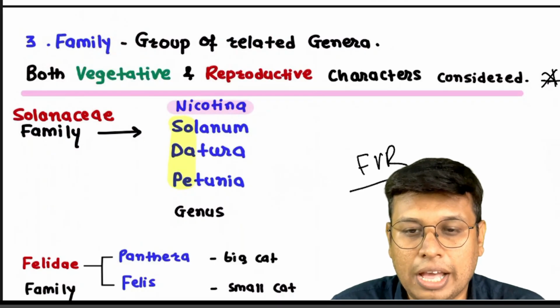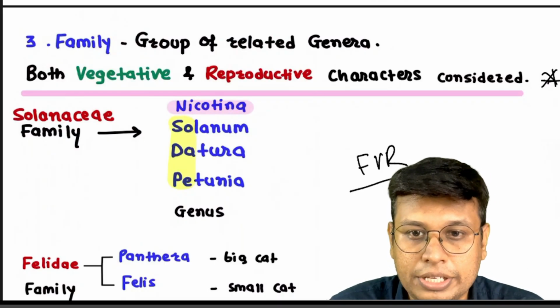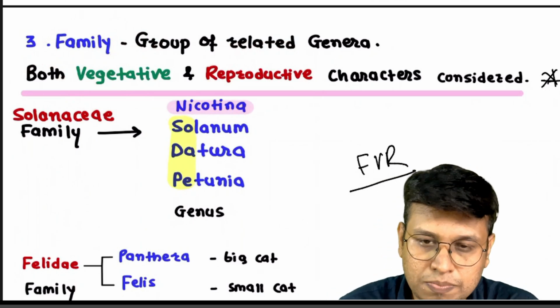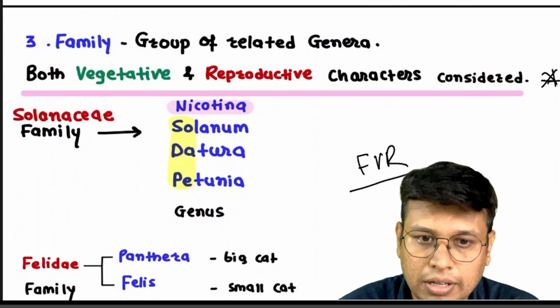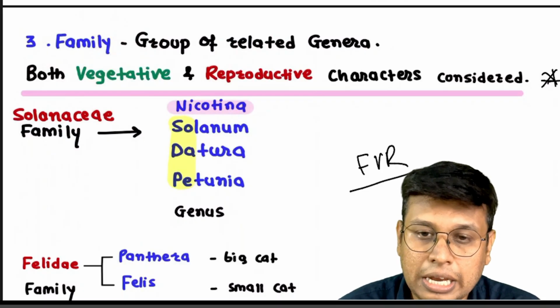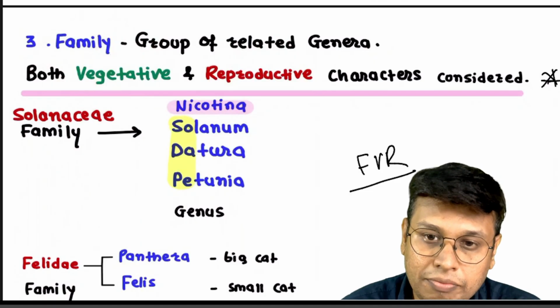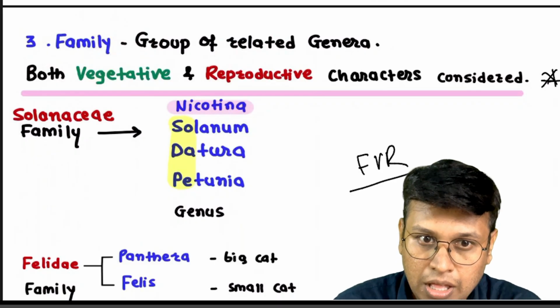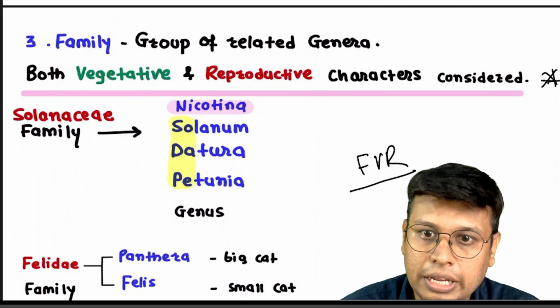FVR means family contains vegetative and reproductive characters. If you make these points into smaller mnemonics or tricks, it will be better to remember and it will cost less on your memory, and that is the aim of this learning exercise.